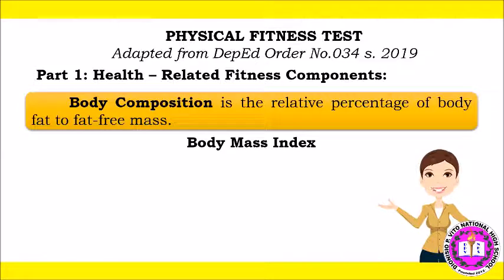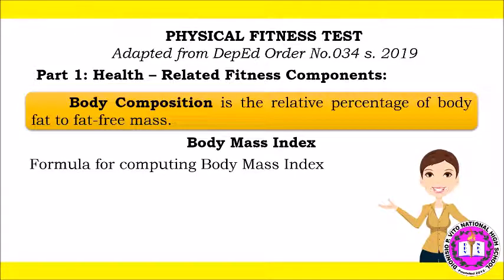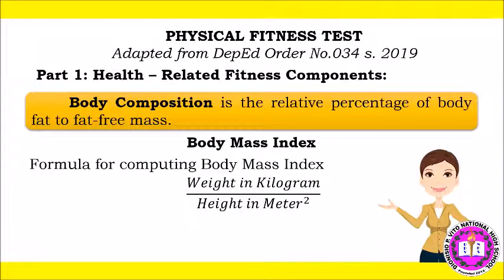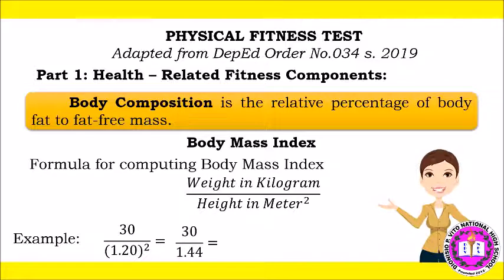Body mass index. Formula for computing body mass index or BMI is weight in kilograms over height in meters squared. Example, 30 over 1.20 squared is equal to 30 over 1.44, which is equal to 20.83.